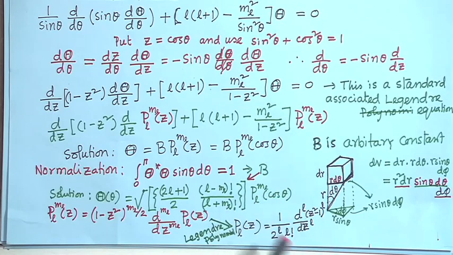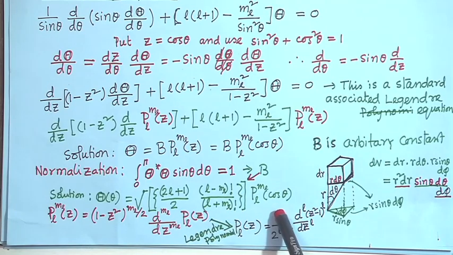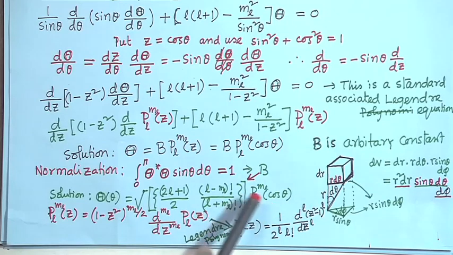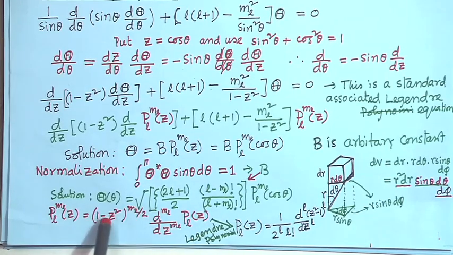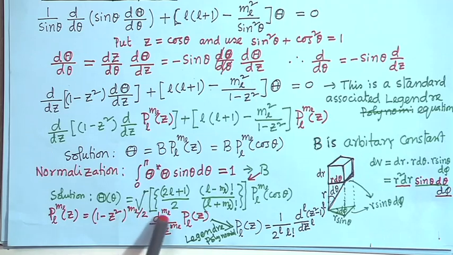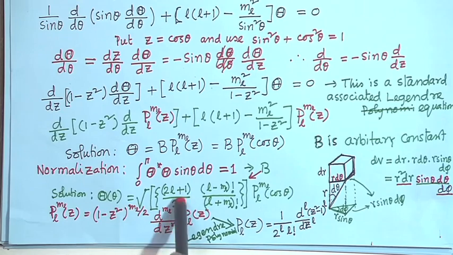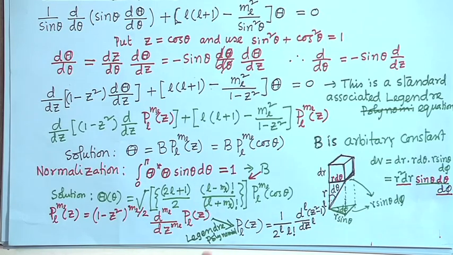Now, this P L ML is the associated Legendre polynomial, and it is related to the Legendre polynomial. How are they related? P L ML of Z equals (1 minus Z squared) to the power ML by 2 times d ML by dZ ML of P L Z. This P L as a function of Z is called the Legendre polynomial.